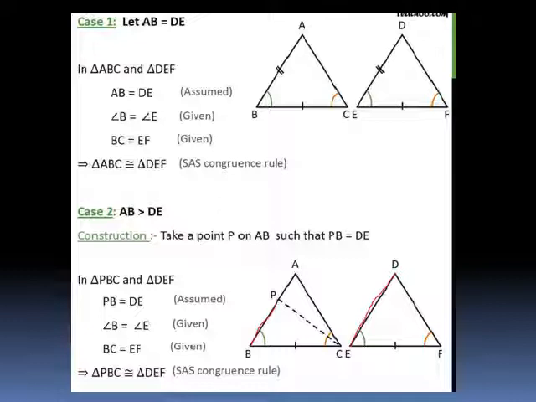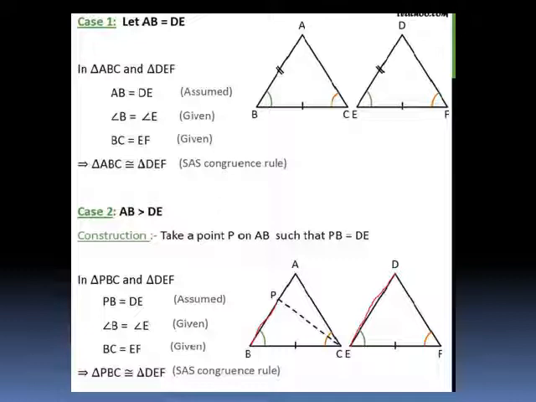But what happens in case number 2? If we take AB greater than DE, we have to make a construction. The construction is: take a point P on AB such that PB is equal to DE. Using that construction, we will now try to show that case 2 can only be possible if it is the same as case 1.